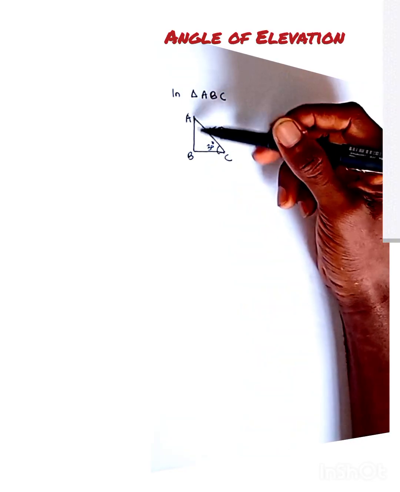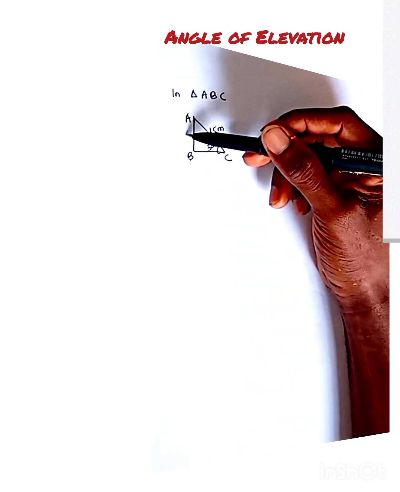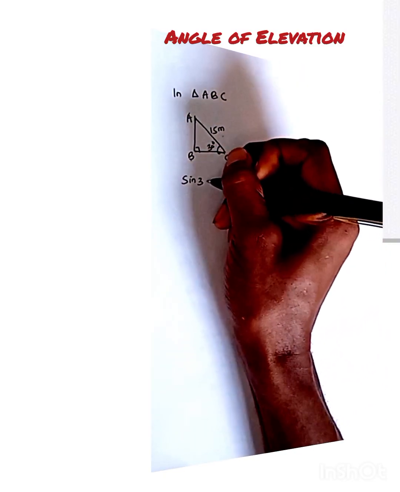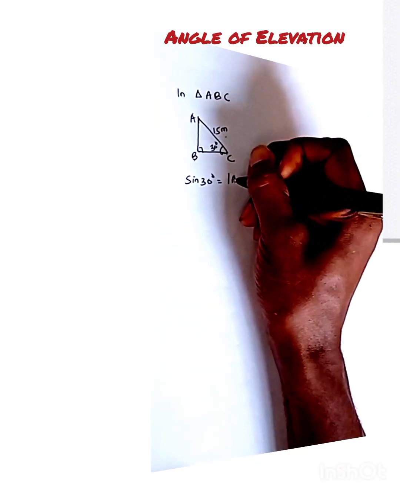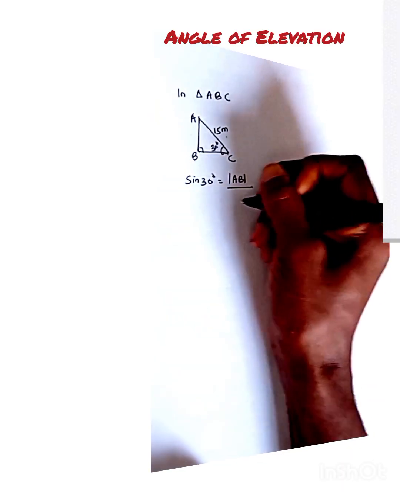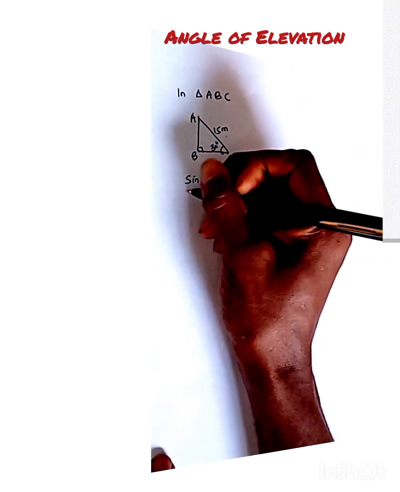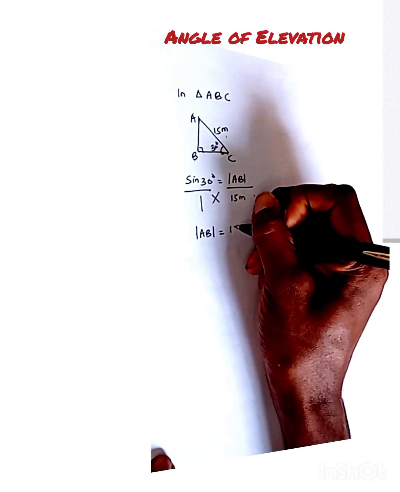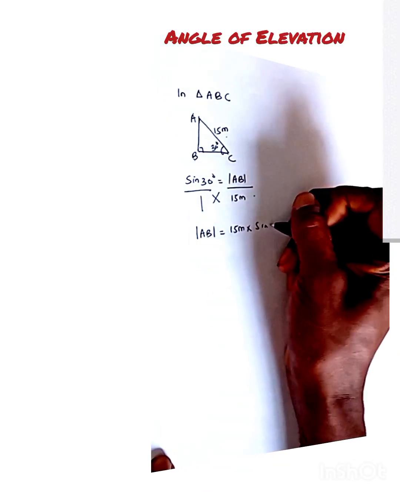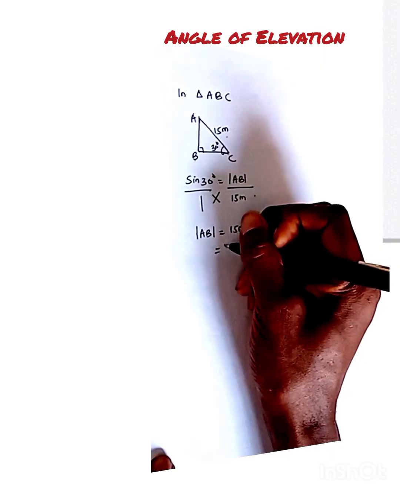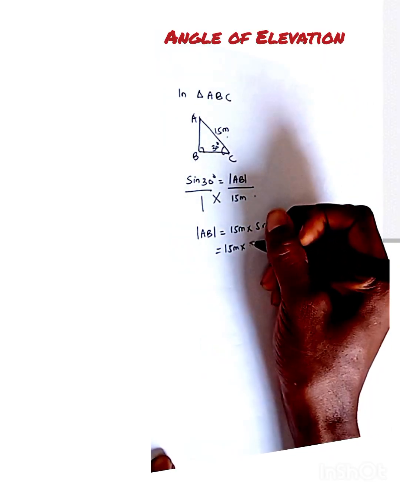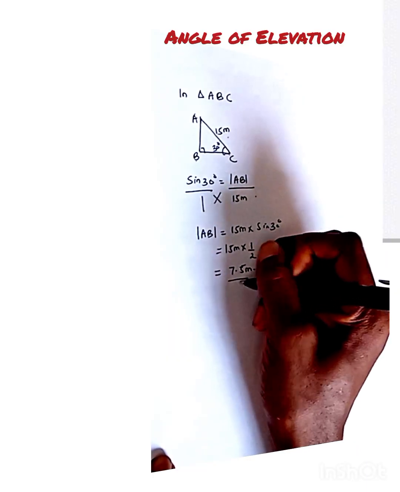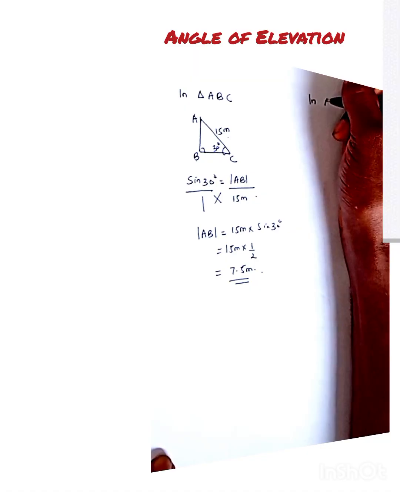Now I will get line AB, which is the opposite. This is the hypotenuse here. So which is sine 30 degree, which is opposite line AB over 15 meter. Now if I cross multiply, line AB becomes 15 meter times sine 30 degree, which is 15 meter times 1 over 2, which is 7.5 meter.